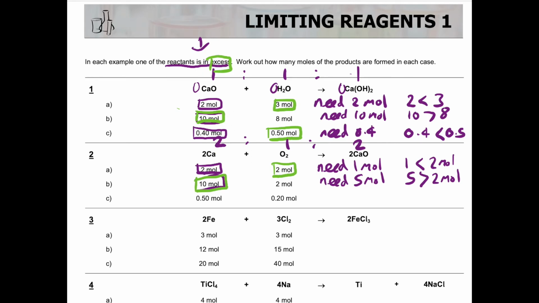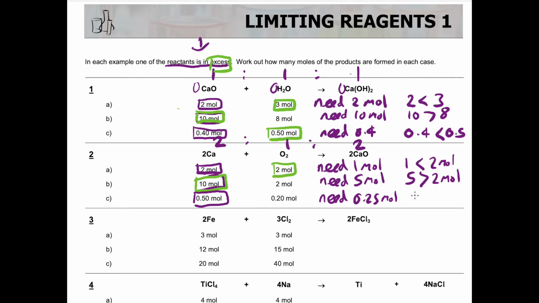Pause the video whilst you have a go at part C. So with part C we've got 0.5 moles of calcium. To work out how much oxygen we need, we're looking for half the amount of 0.5 because it's a 2-to-1 ratio. So we need 0.25 moles.